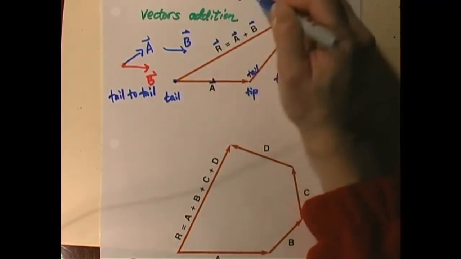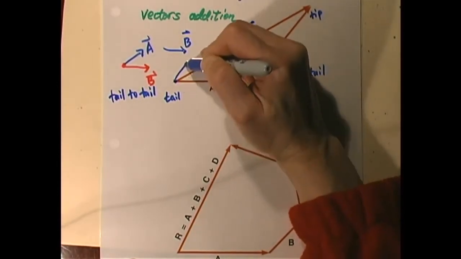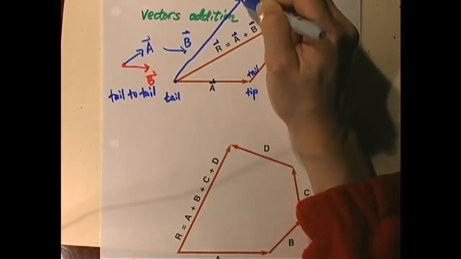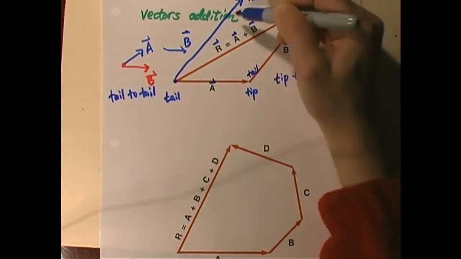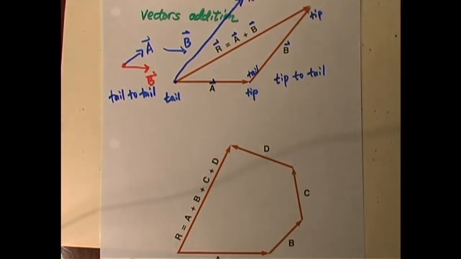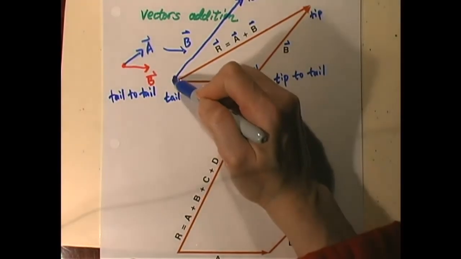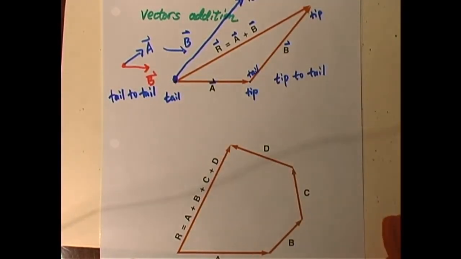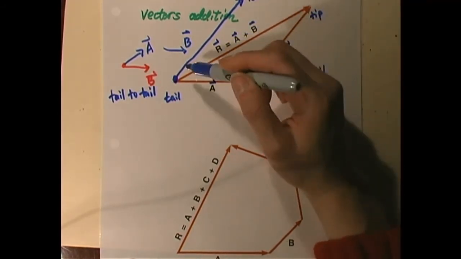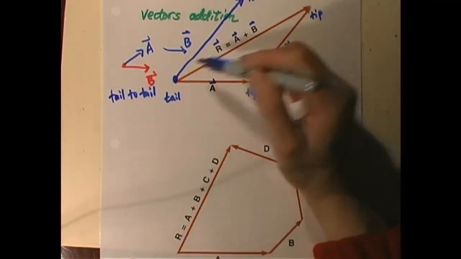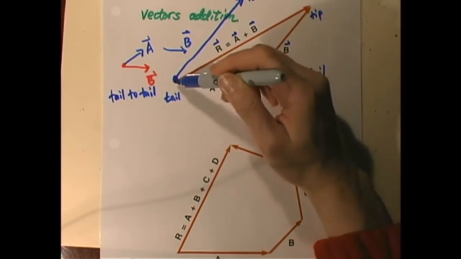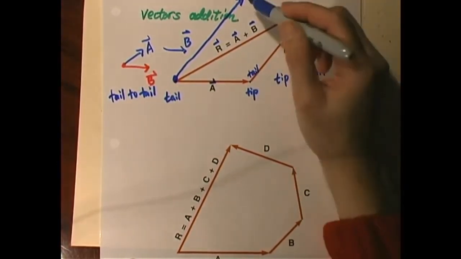So if I move this B parallelly, this is my B. This B and that B are parallel with the same length, then I move B's tail to A's tail. So A plus B, now you realize, if you move two vectors tail to tail, the resultant actually is the diagonal of this parallelogram.